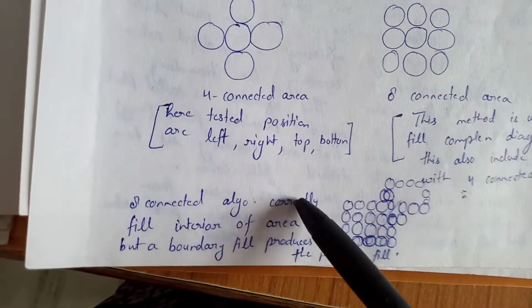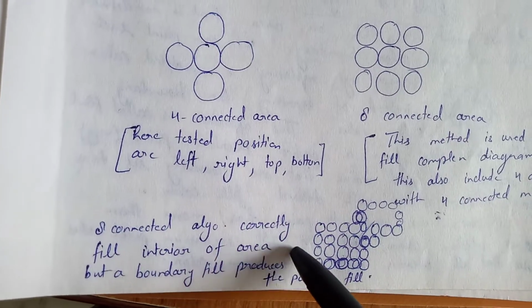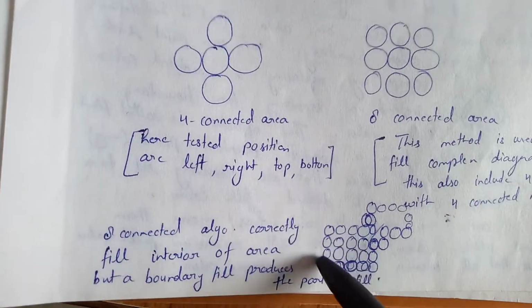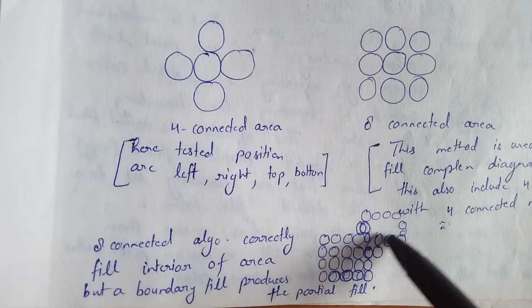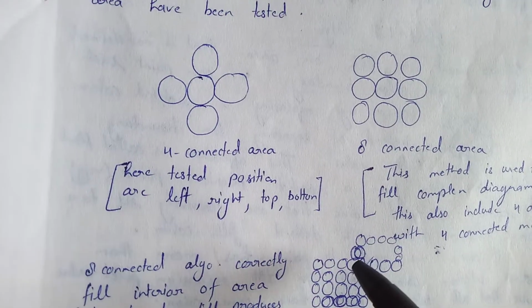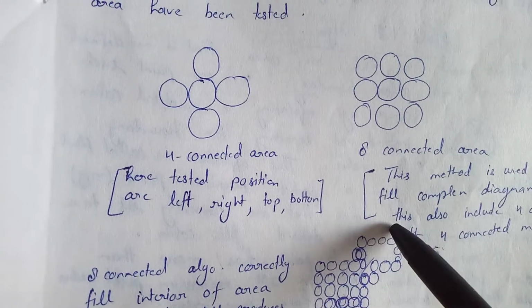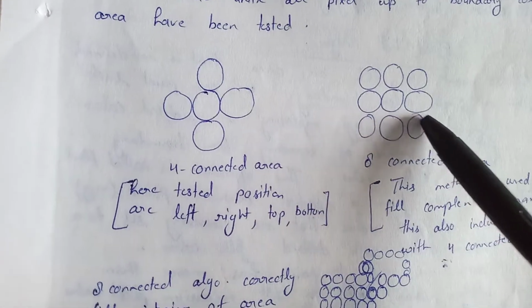Means the 8 connected method will correctly fill the interior of any complex object. Like this. Suppose we have taken 4 connected, then only this part will be filled, and this part will remain as it is. Hence, to perform the boundary fill algorithm for filling any complex interior, we have to utilize the 8 connected strategy.